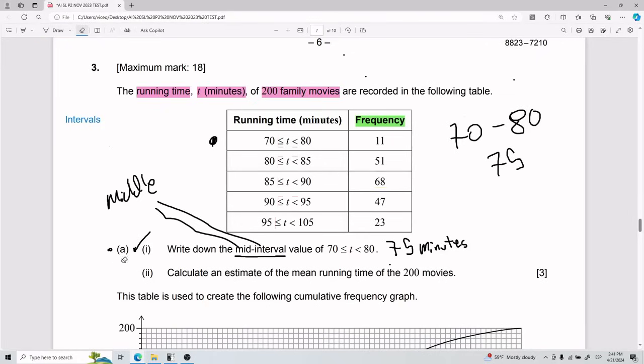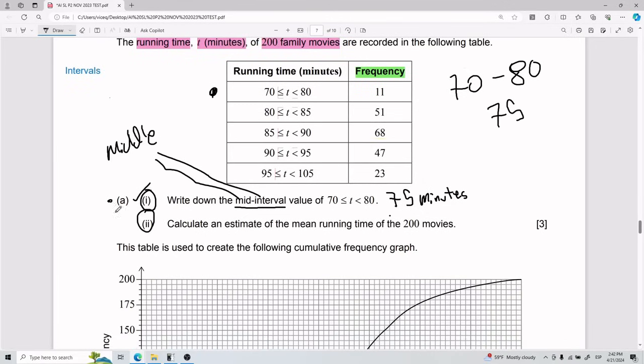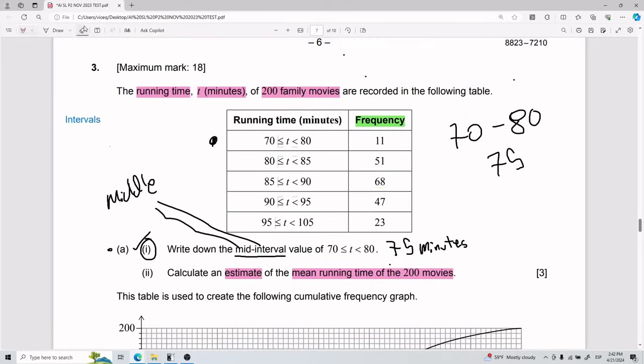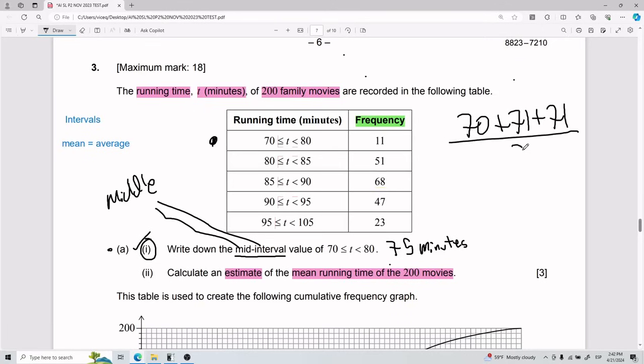Part A, part double I. And remember, anytime you have like I or double I, it means they're associated with each other, right? So for double I, we need to calculate an estimate of the mean running time of the 200 movies. And so when we see the word mean, let's just recall that mean is the same as average, okay? And what we're used to doing for average is saying like, I don't know, 70 plus 71 plus 71 divided by 3, right?